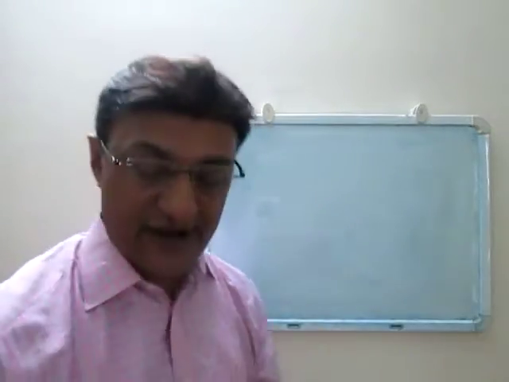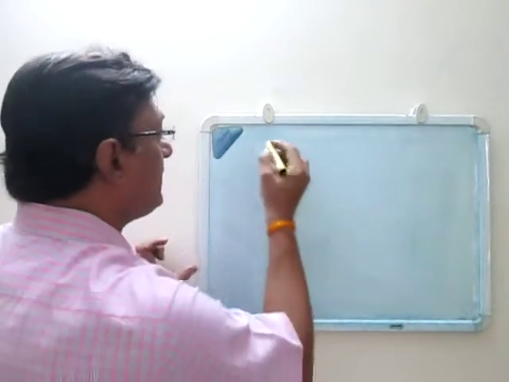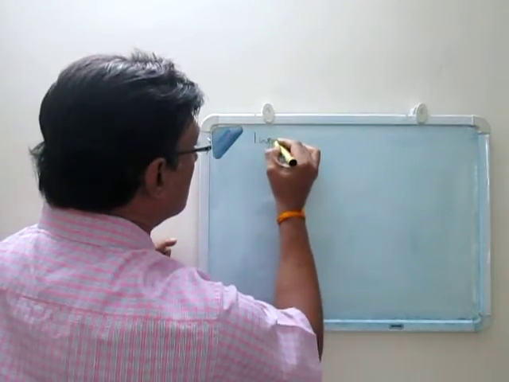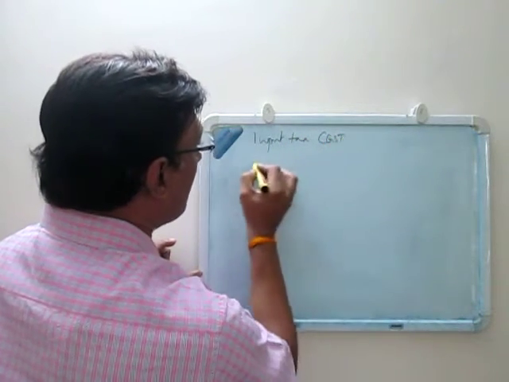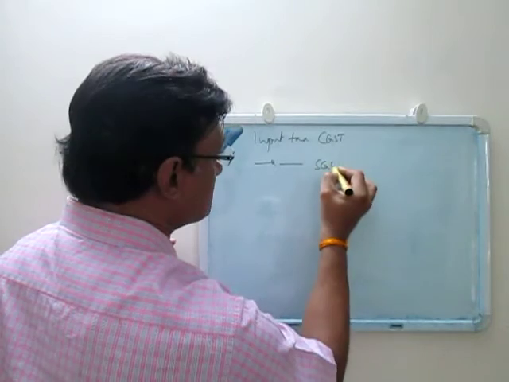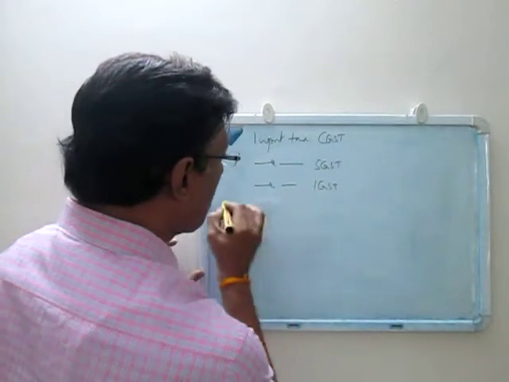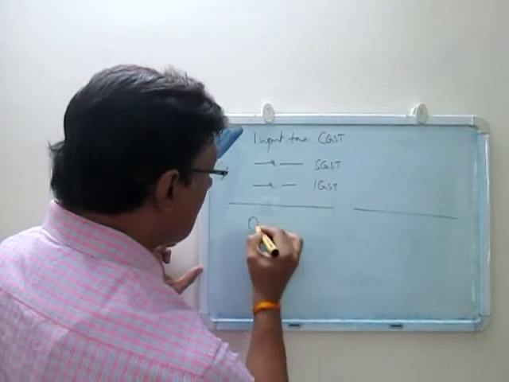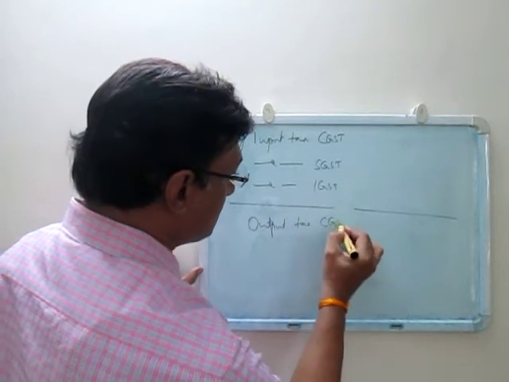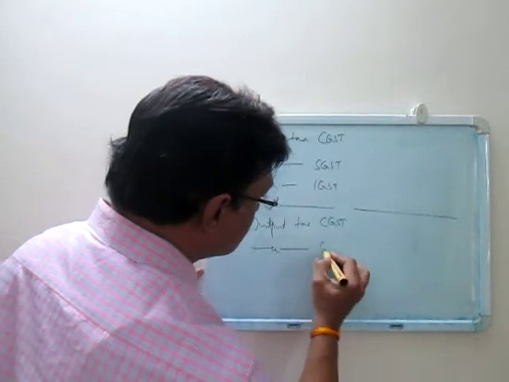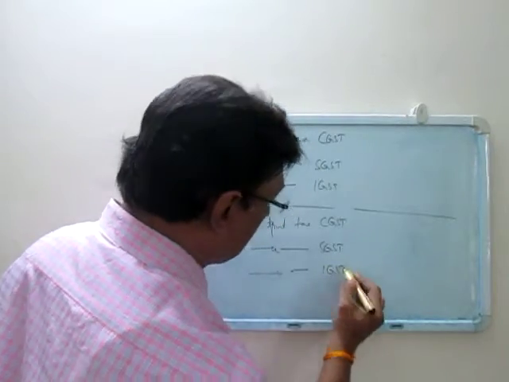And let us say, after having posted the transactions into ledger, I have an input tax CGST, input tax SGST, input tax IGST, and I have an output tax CGST, output tax SGST, and output tax IGST.